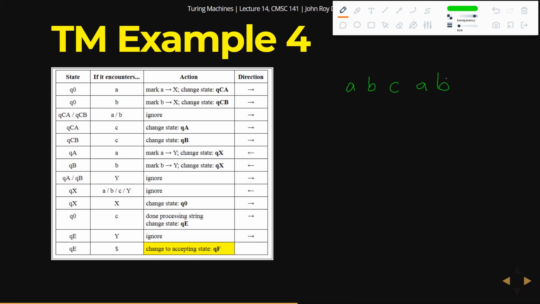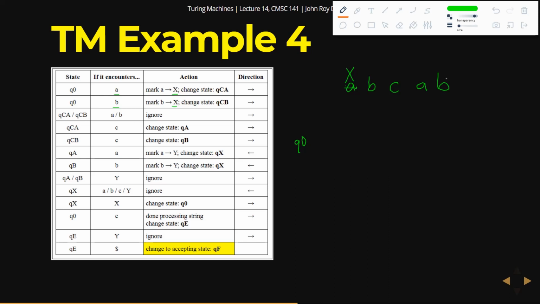So you're starting at state Q0, and when you see an A or a B, you mark it as X, meaning it's already processed. Okay, so if you see an A, you mark it as X, and then you change to state QCA or QCB.